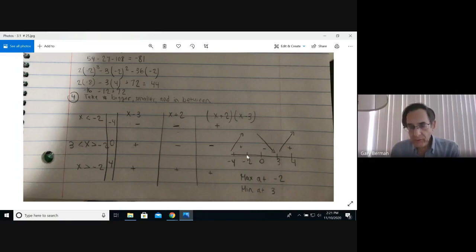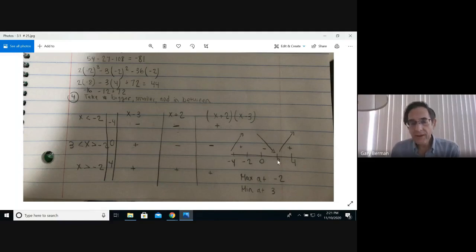So you see for the critical point at -2, the graph must be going up to the left of it and down to the right of it, which means that at -2, you're at the top of the mountain, so to speak. So that's going to correspond to a maximum.